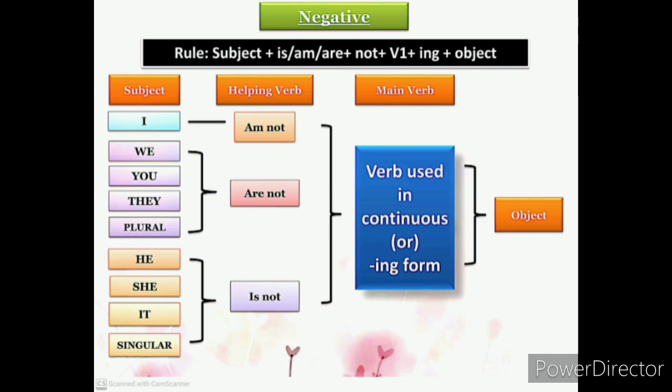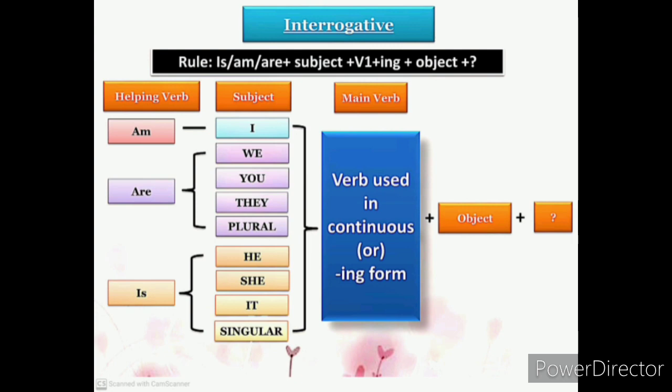Now next rule is of interrogative sentence. Is, am or are plus subject plus V1 plus ing plus object plus question mark. So you can see am is used in the beginning with I. Then V1 plus ing, then object and then question mark.